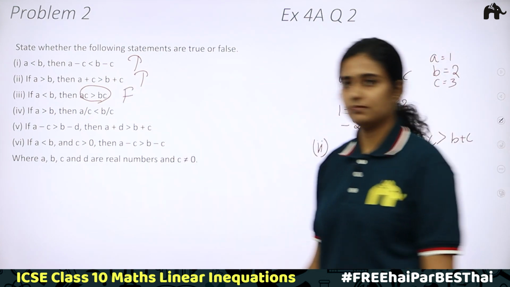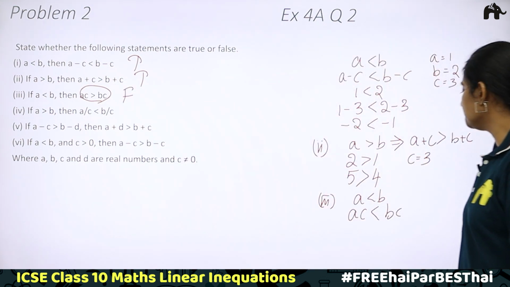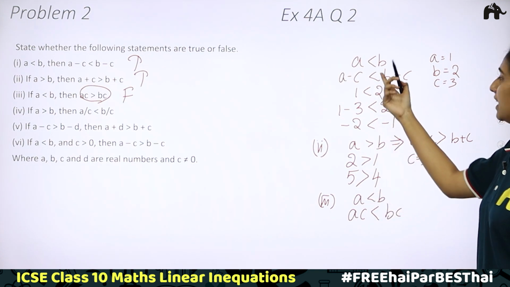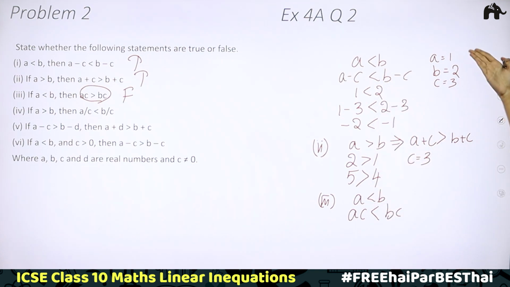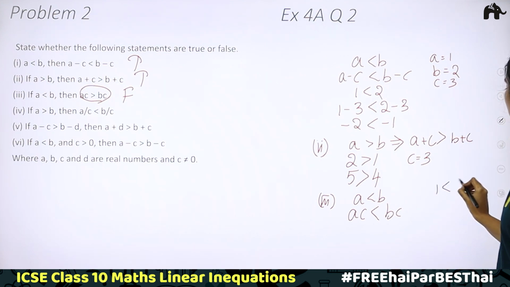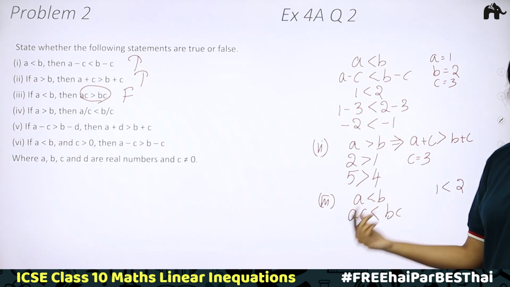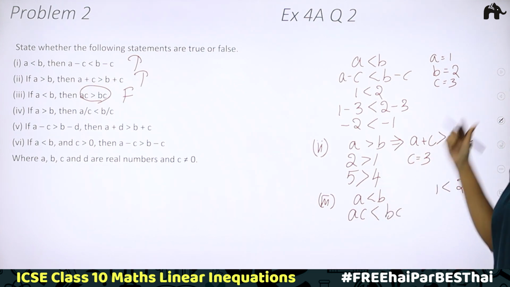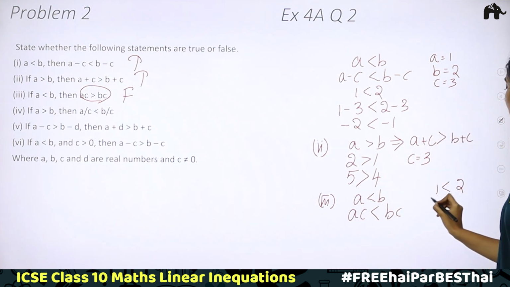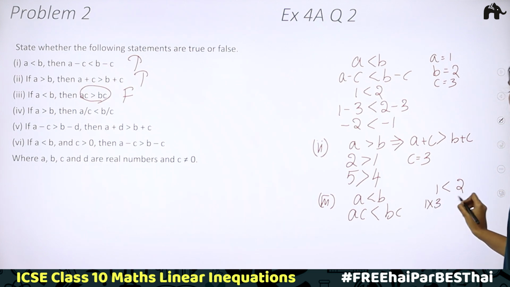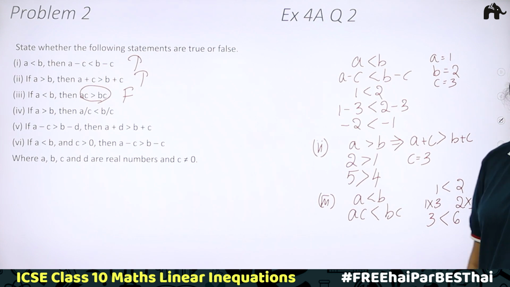This is false. Let's take the example. A less than B. We can take the first example. A equal to 1, B equal to 2, C is equal to 3. 1 less than 2. Multiplying with 3. 1 into 3 is 3. 2 into 3, you get 6. 3 is less than 6.